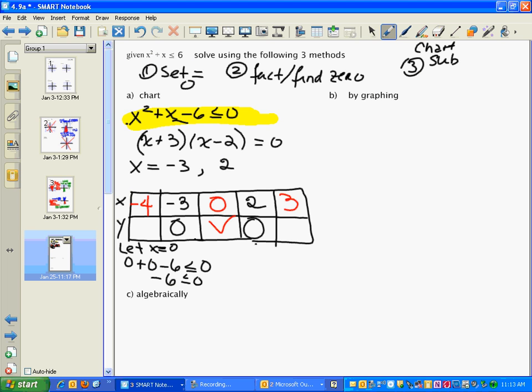You can put negative 6 down here if you want, but what I'm saying is I like that. Okay? Now we're going to let x be negative 4. Now we're going to substitute it. We're going to get 16 minus 4 minus 10. Is that less than or equal to 0?